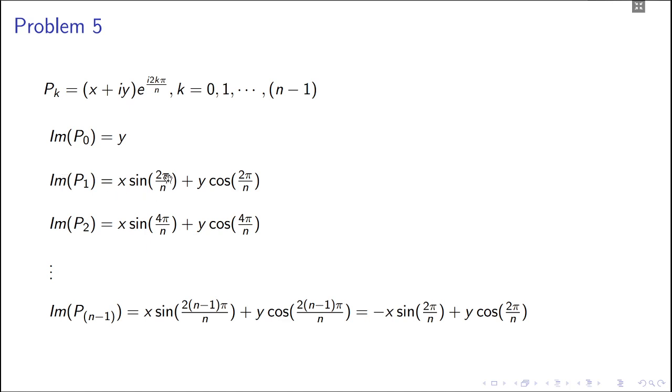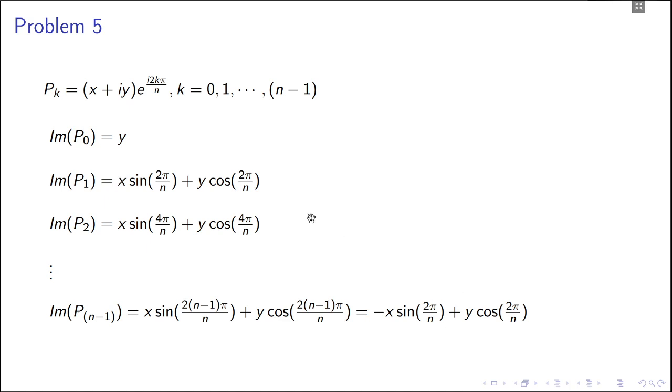So p1, you put k equal to 1 here, so you get this. p2, you just put k equal to 2, and for n minus 1, you put k equal to n minus 1. If you simplify it a bit, it's similar to this one, just one coordinate will be negative. Okay, so all these are distinct integers.